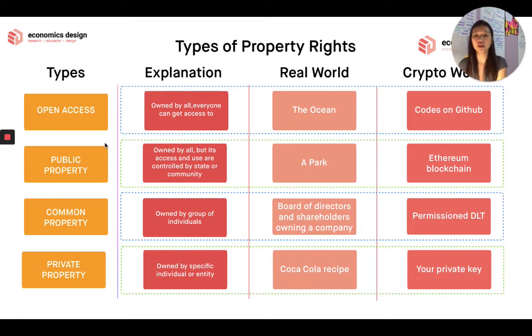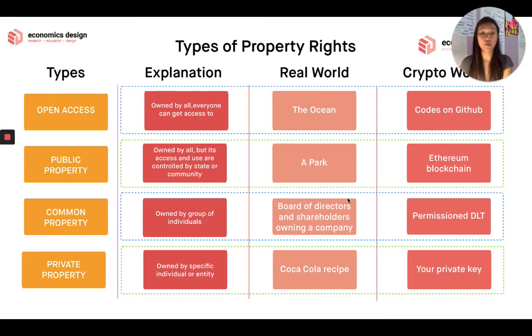Public property. It's where it's owned by all, but its use and access is controlled by a community. So it's not like a gatekeeping kind of control, but just that if anything goes wrong, there's someone taking care of the space.